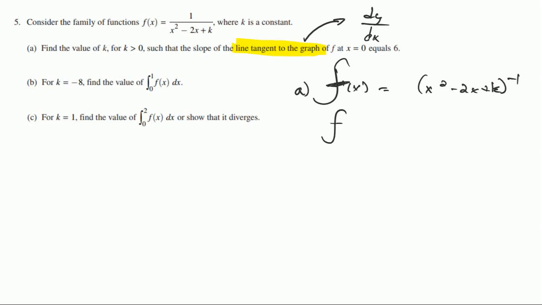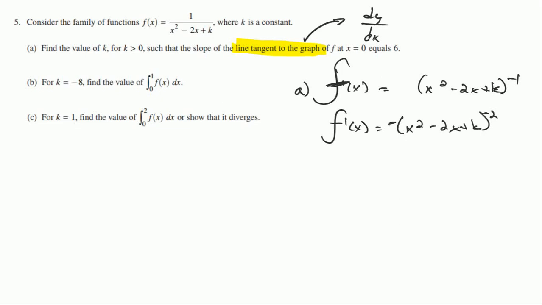So if you're looking for f prime of x, we will do chain rule. First we've got x squared minus 2x plus k to the negative 2 power, and then we multiply by the inner piece. First you have to put this negative sign out here, because it's negative 1 times that.